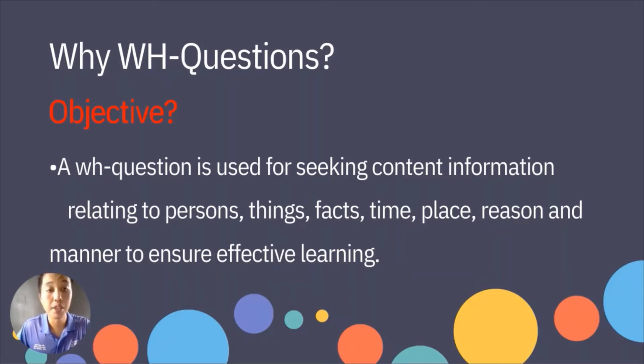A WH question is used for seeking content information relating to person, things, fact, time, place, reason, and manner to ensure effective learning. To ensure effective learning, it can be done through collaborative learning and discussion with your partner as well as your teachers to brainstorm on the case to find the solutions.